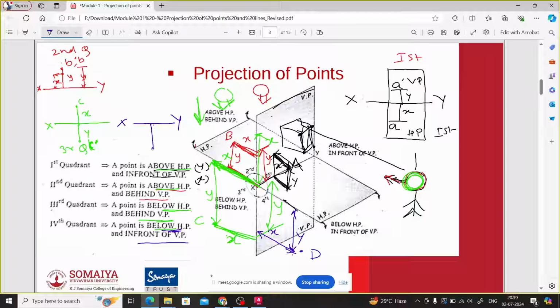So let us take this distance as Y dash, looking in this direction. Agree with this? Now to locate this X, where should we look from? We should look from this end, top.